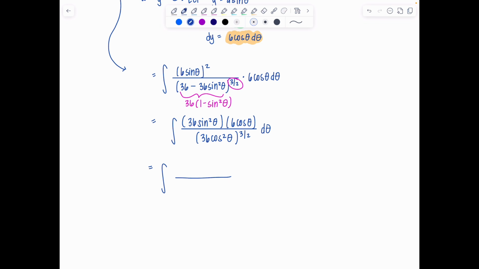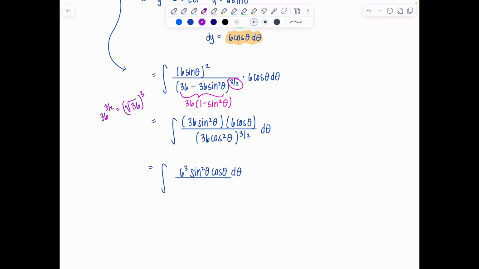So we've got integral. Just to help you simplify more easily and not deal with such big numbers, this is 6 squared times another 6. Now I have 6 cubed up top. 6 cubed. And then we have sine squared theta, cosine theta, d theta. And then here in the denominator, 36 to the 3/2, if you need a refresher, it means take the square root of 36 and then raise it to the 3rd.